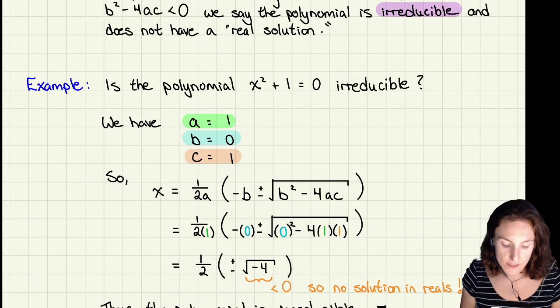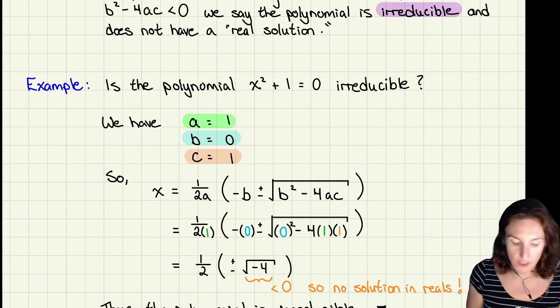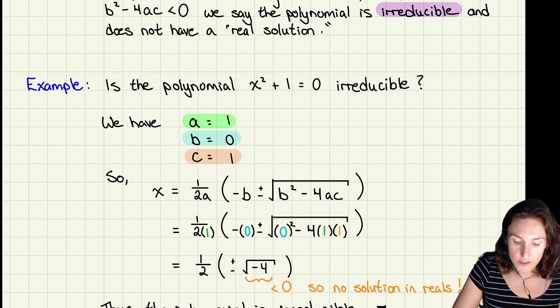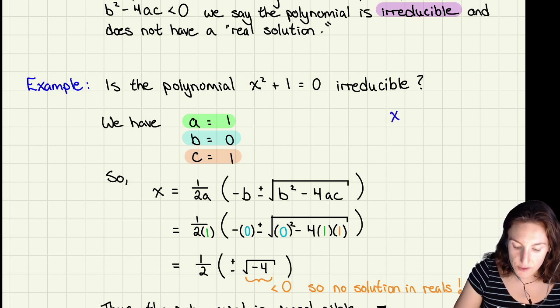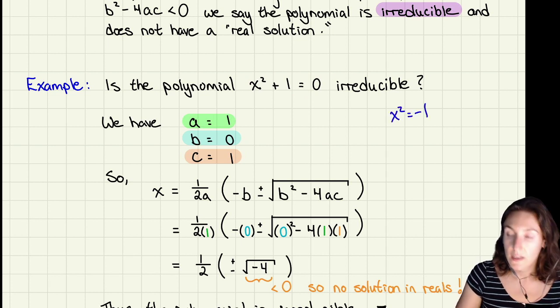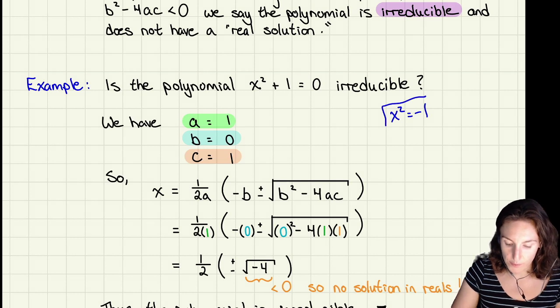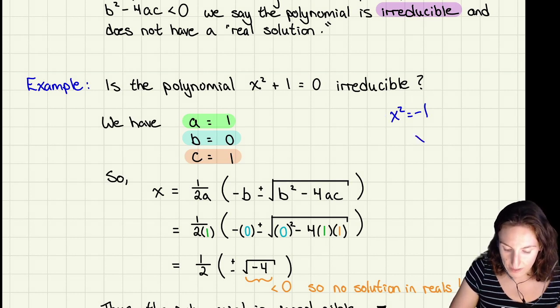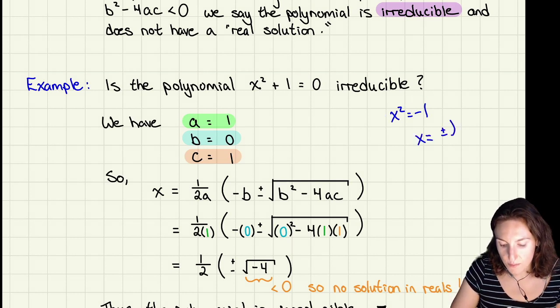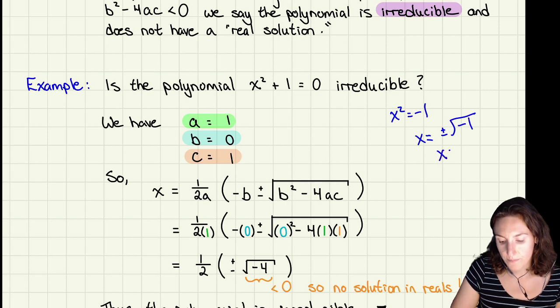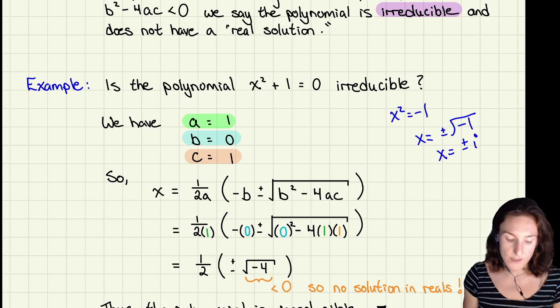So for example, let's say we have this polynomial. We could isolate for the x by moving the 1 over and then taking the square root of everything. But if I did that, plus minus the square root of -1, the solutions I'm getting are complex numbers. I'm getting things with i's.